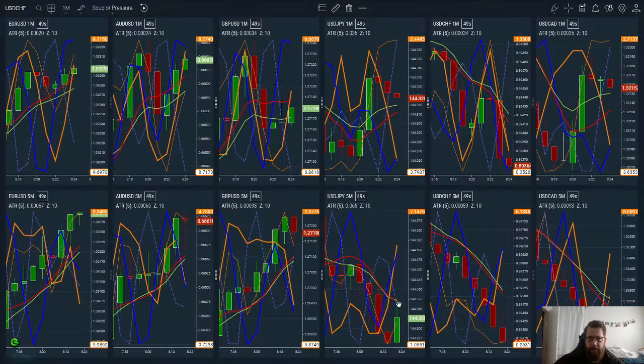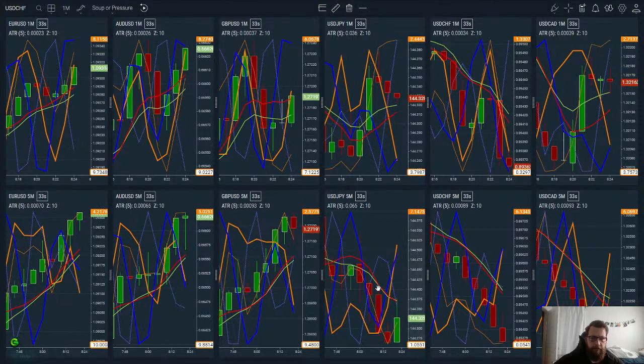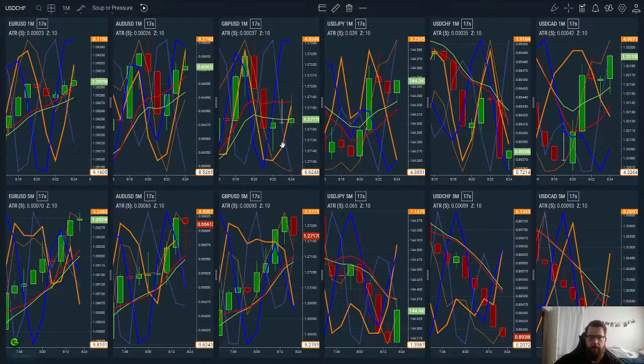Again, this is good rejection, showing that this is acting like a resistance here for now. Possible similar scenario with the pound here.